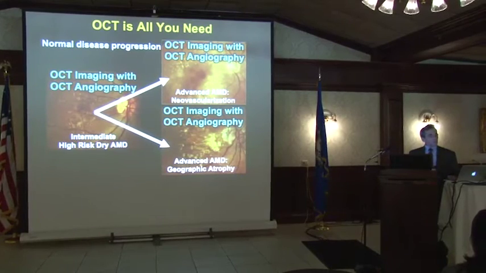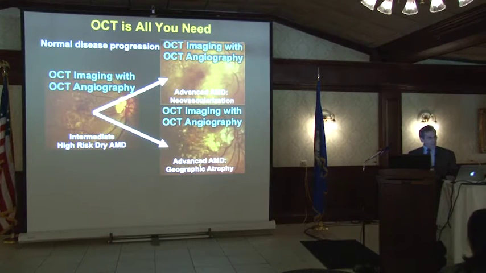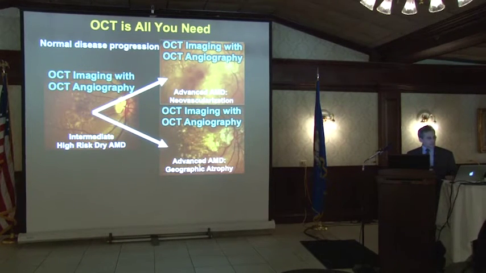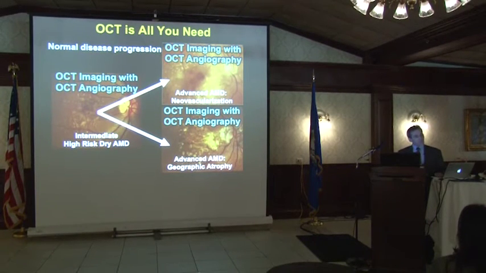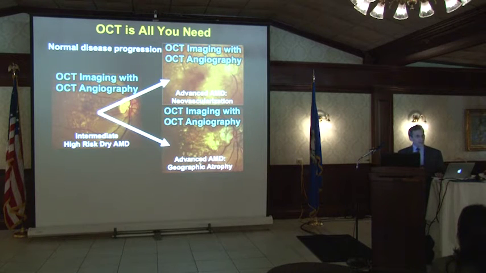But moving forward, all we're going to need is OCT and OCT angiography for macular degeneration. And macular degeneration really is the 800-pound gorilla when it comes to macular diseases. Diabetes, yes, but AMD is where the true value of OCT angiography will be appreciated.